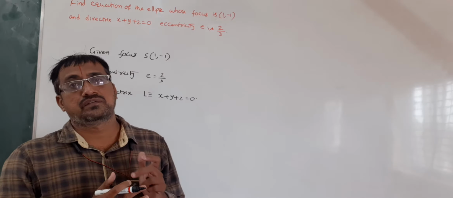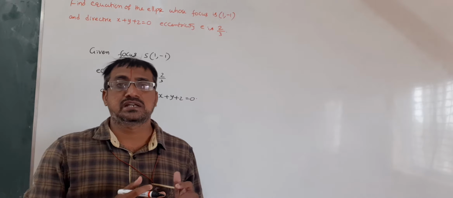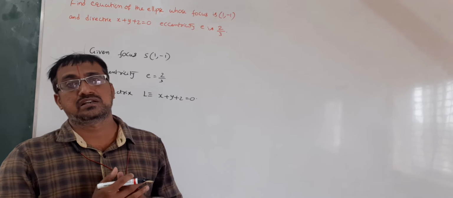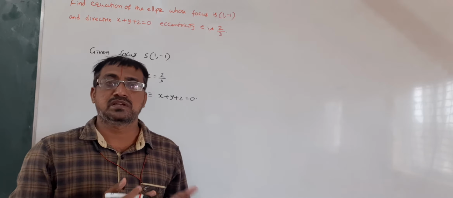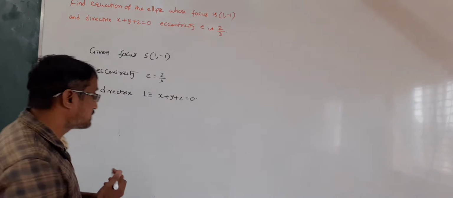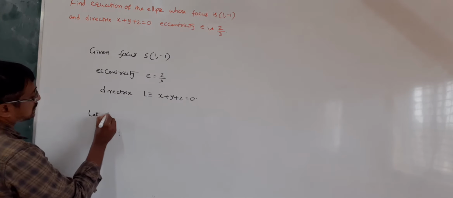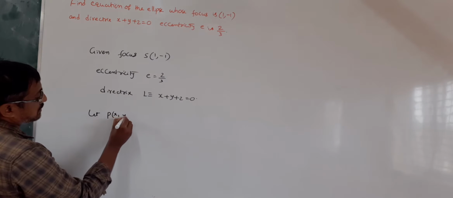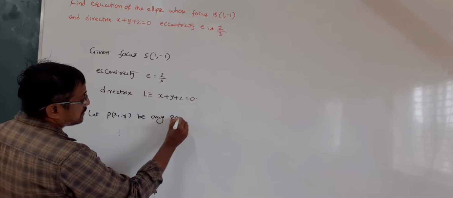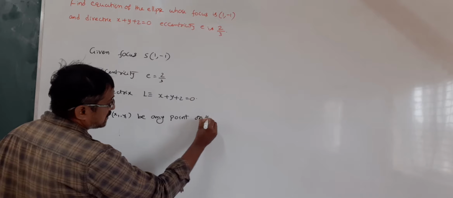We know that if you know the focus, directrix and eccentricity, by using the standard definition, that is SP by PM is equal to e, you can find the equation of ellipse. So let P(x1, y1) be any point on the ellipse.